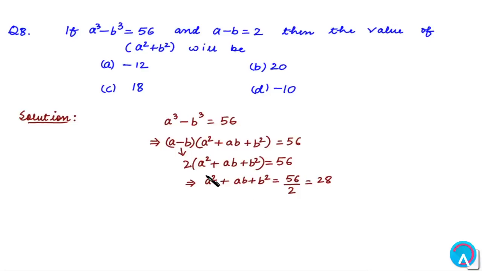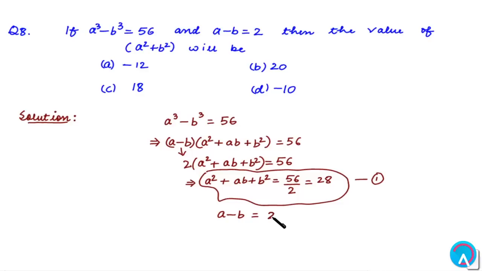Now we have this equation. This equation says a square plus ab plus b square is equal to 28. Call this as first. And also we have a minus b is equal to 2.